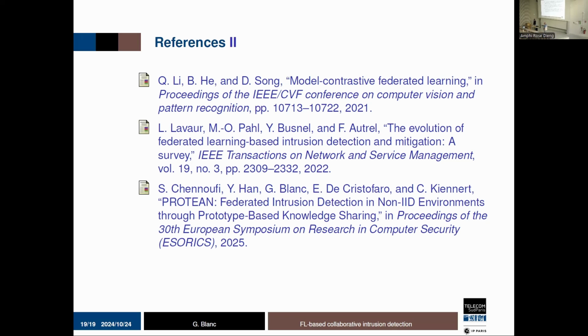So, a quick follow-up, somewhat related to the question Nina asked. My understanding from what you presented is that in the federated learning, we essentially assume that all the participants are collaborating and using the same learning models. That may not be happening in practice.